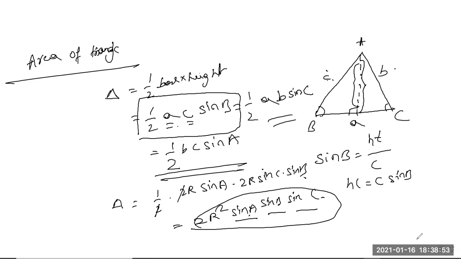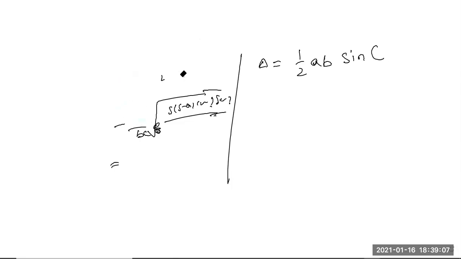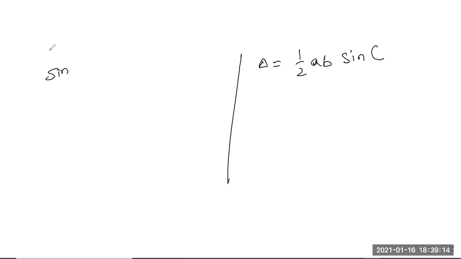And also, I said area of a triangle is equal to half AB sin C, right? You know sin 2C is 2 sin C cos C, right? So if I use only sin C here, you can write it as 2 sin C by 2 and cos C by 2.